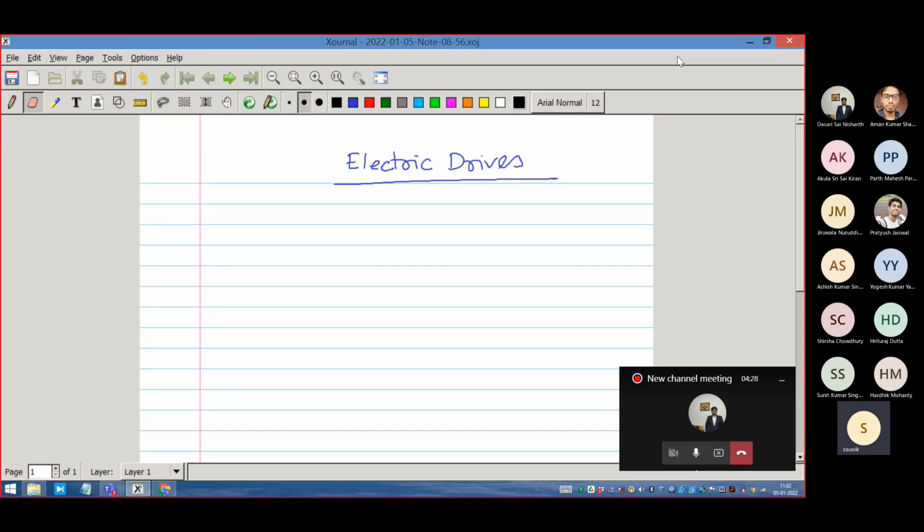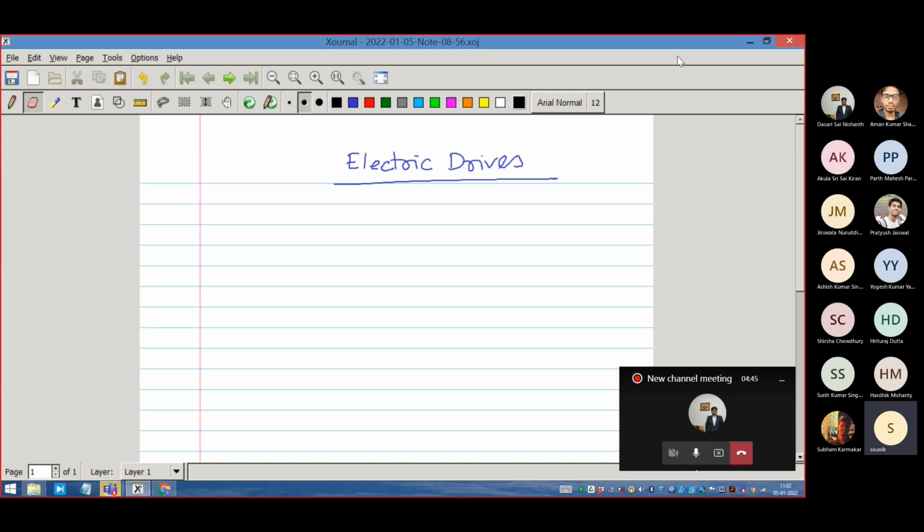So electric drives is essentially how an electrical system reacts with the mechanical system.